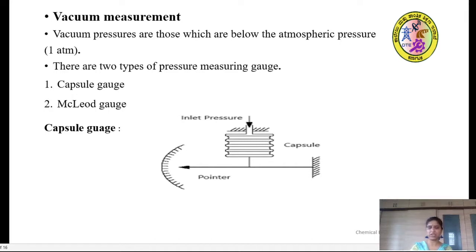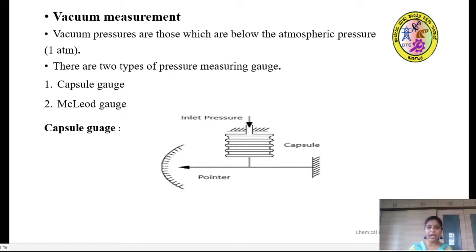So the capsule gauge, just look into the diagram. When we hear capsule, what immediately comes to our mind is the doctor's shop. We take a capsule when we are not well. But here you have a capsule gauge for vacuum measurement.